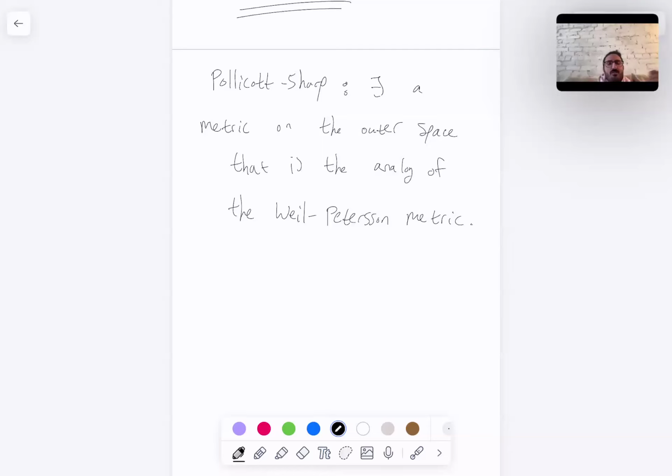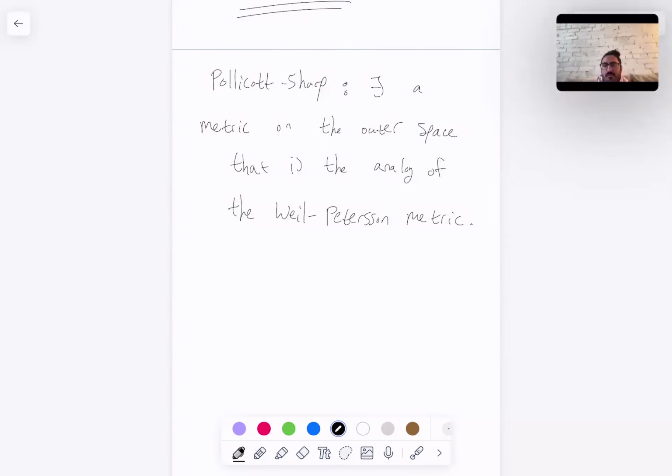And so you use this connection to complex analysis to define this metric. In graphs, there is no complex analysis. You don't have any complex structure on a graph. And so they have to think hard about how to make this work in the setting of graphs.